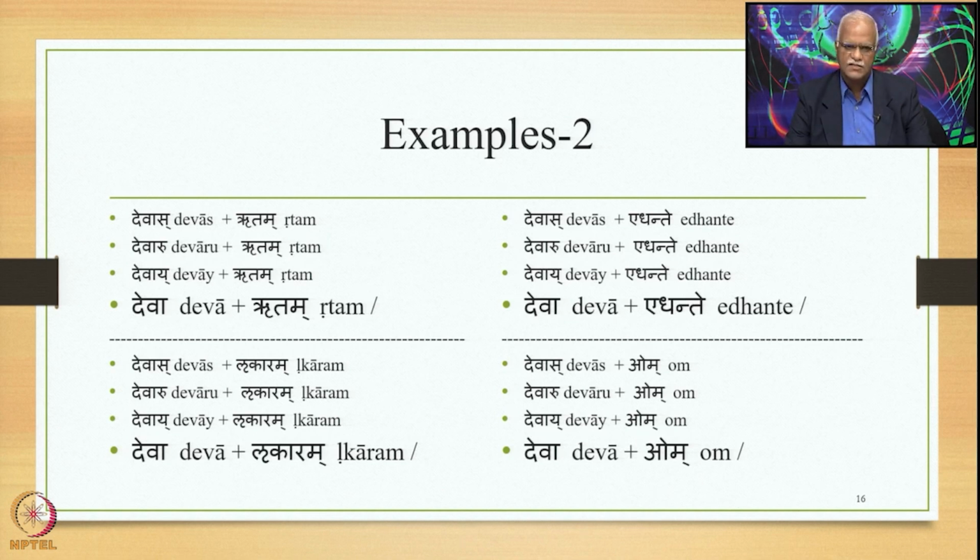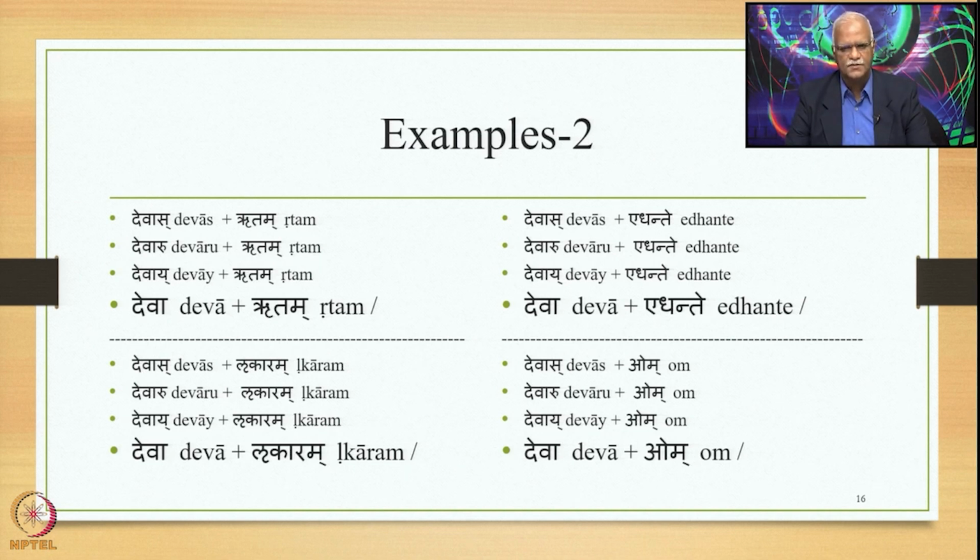Then we have devas plus lukaram. Sa is then substituted by ru, then by ya, and finally ya is optionally deleted. So we have deva plus lukaram. This is optionally derived form. Similarly, devas plus edhante, and we have deva ru plus edhante.